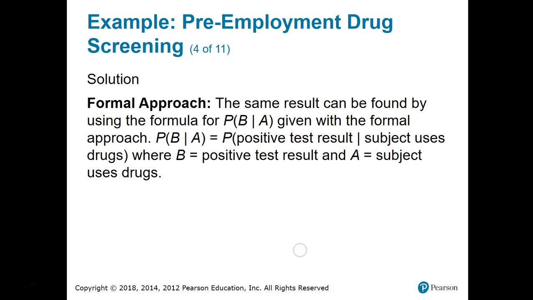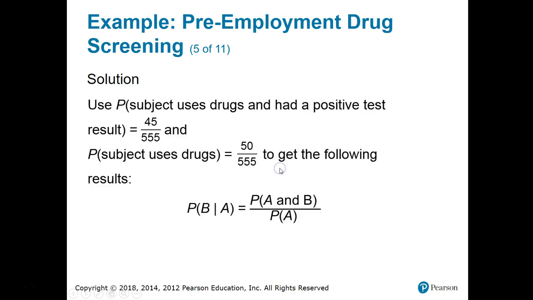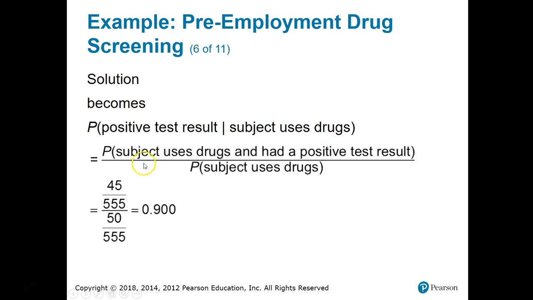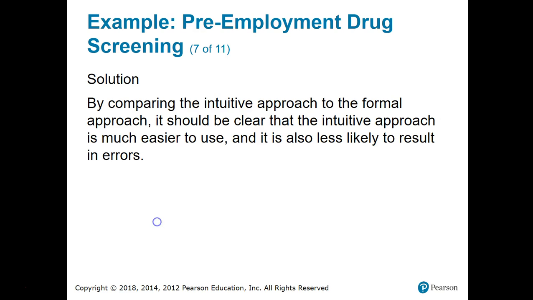The formal approach is the exact same thing: 45 over 555 divided by 50 over 555. We get 0.9. The 555s cancel. Sometimes the intuitive approach is better, sometimes the formula is better. It's good to have them both.